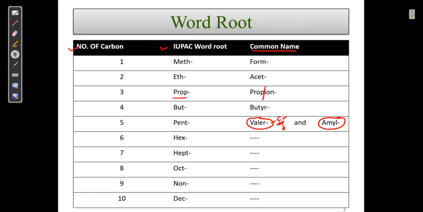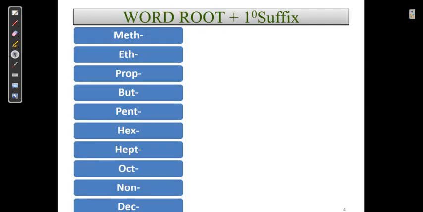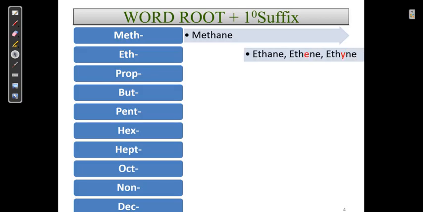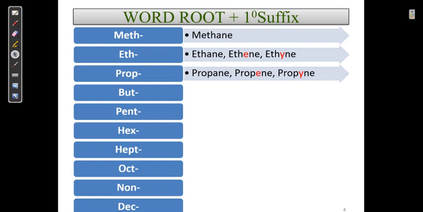Let us go ahead to the primary suffix. If there is meth, then this is methane. If it is eth, then ethane, ethene and ethyne. Propane, propene and propyne.